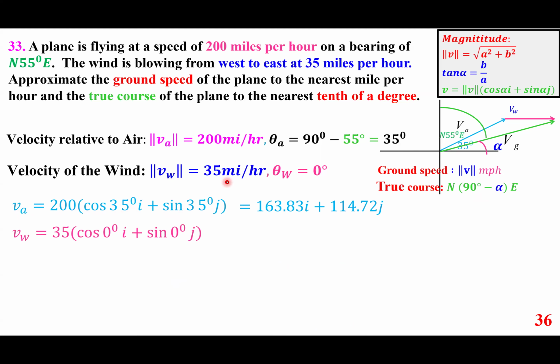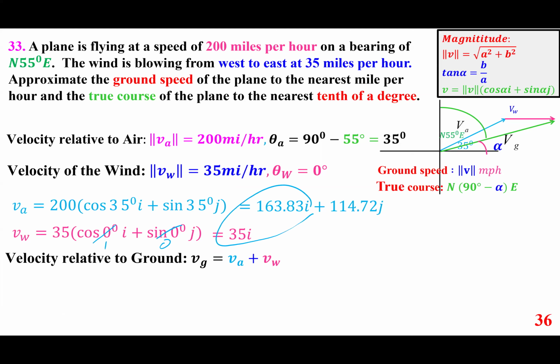And as you know, cosine is 1, sine is 0, so simply 35i. So if I want to add them up, simply add up the components. That means add up these two, and the other one doesn't have any components. So it's 198.83i plus 114.72j.